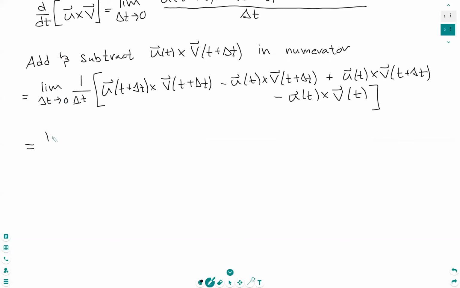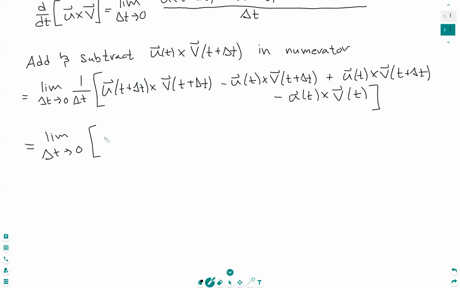So now I'm going to group up some terms in particular. This is the limit as delta t goes to 0. So notice that if I look at these two terms on the right-hand side, I have the same thing in my cross product, right? I have this v of t plus delta t on both of these two terms.